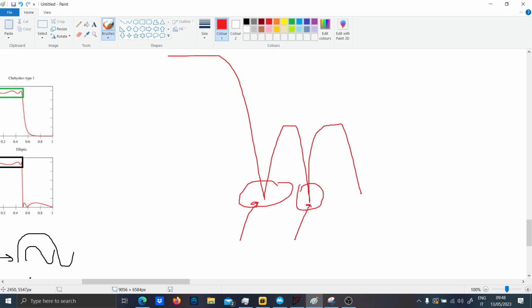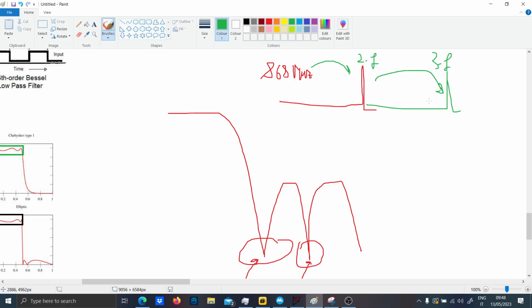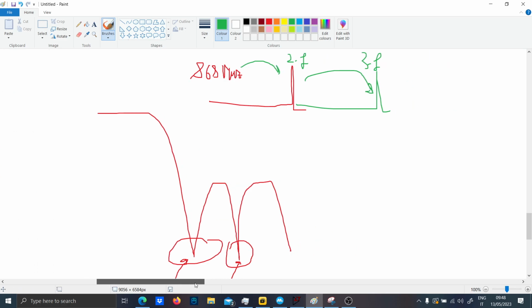So for instance, if you have a circuit with an antenna, the antenna is going to have, for instance, 8 megahertz, but at 2 times that frequency, or even 3 times that frequency, you're going to have some spurious harmonics that you want to cut.